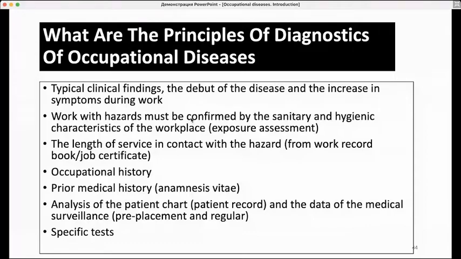So again, the diagnosis is based on typical clinical findings, the sanitary and hygienic characteristics of the workplace, and the job certificate data that includes the length of service in contact with the hazard, and the occupation itself.